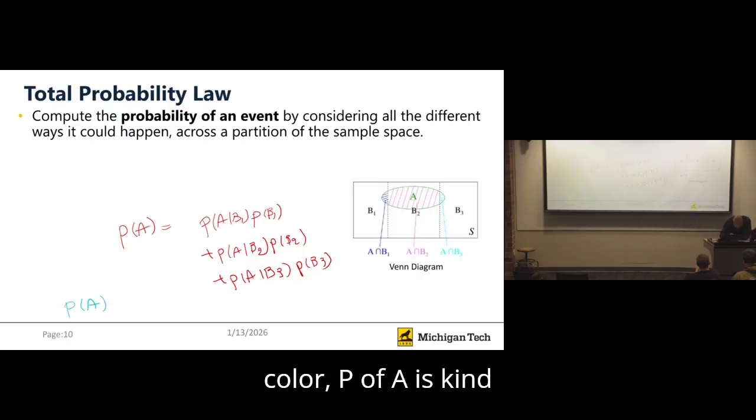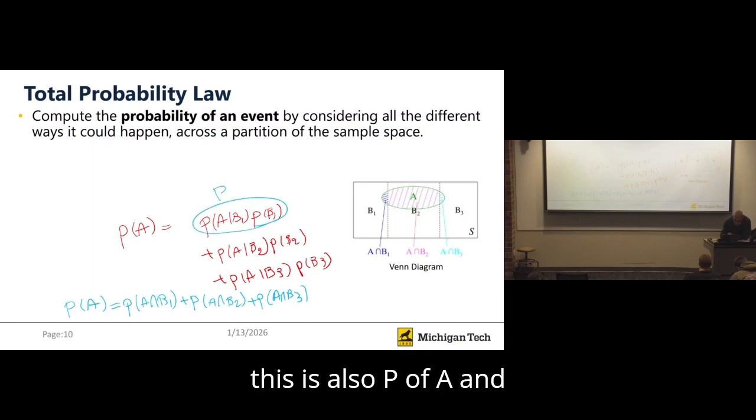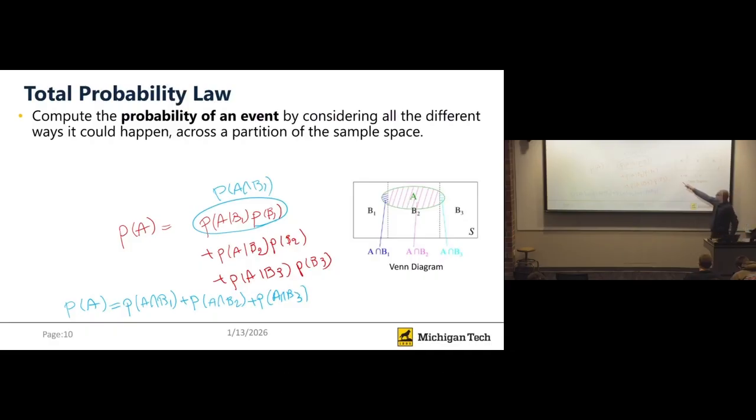P of A is P of A and B1, plus P of A and B2, plus P of A and B3. And this is also P of A given B1 times P of B1. Remember the chain rule? So this is proved already.